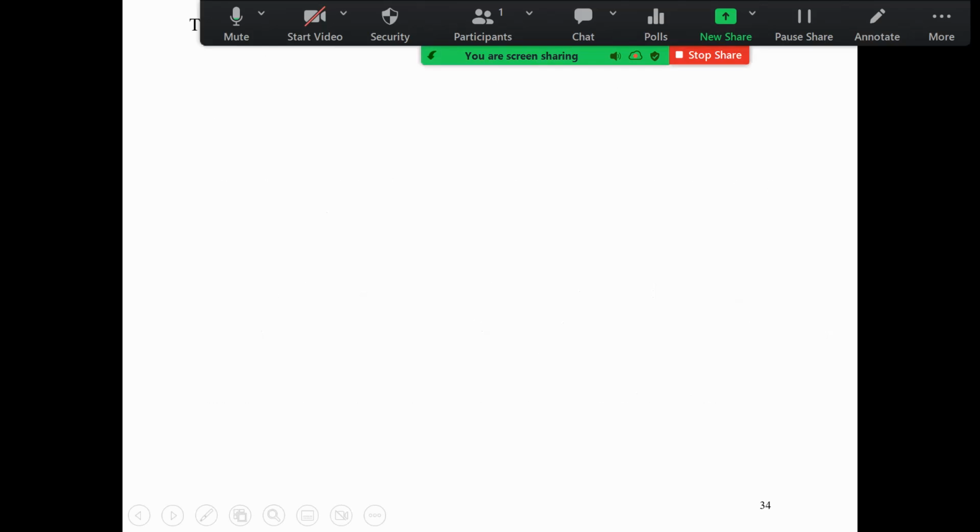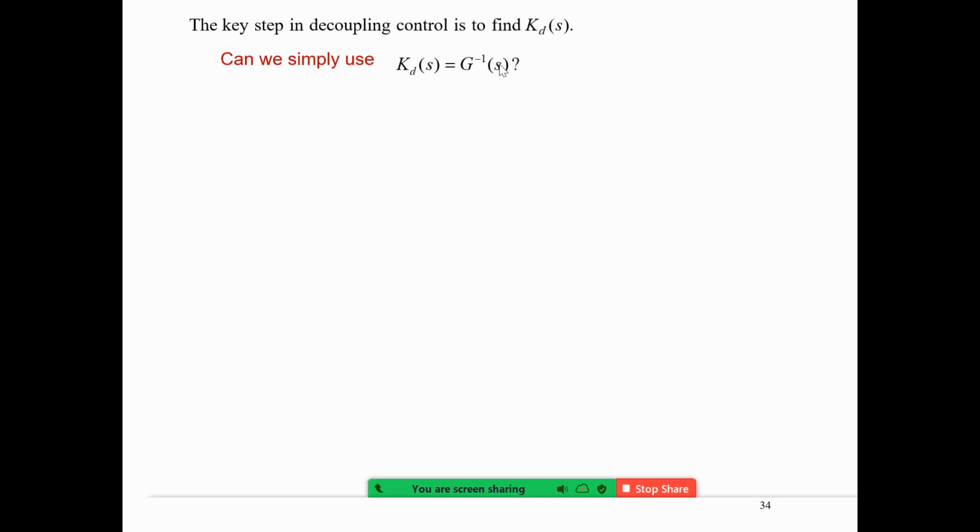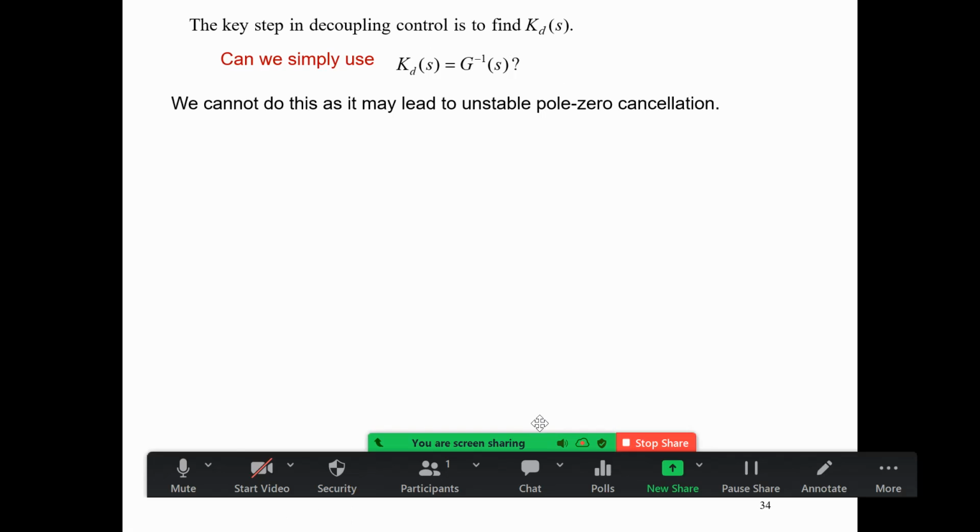So the key step in decoupling control is to find the decoupler KD. Or can we simply use KD as an inverse of the transfer function matrix? We say we cannot do it, as it may lead to unstable pole zero cancellations. Also, the other reason is that G involves both the numerator and the denominator, so the final answer may be complicated.